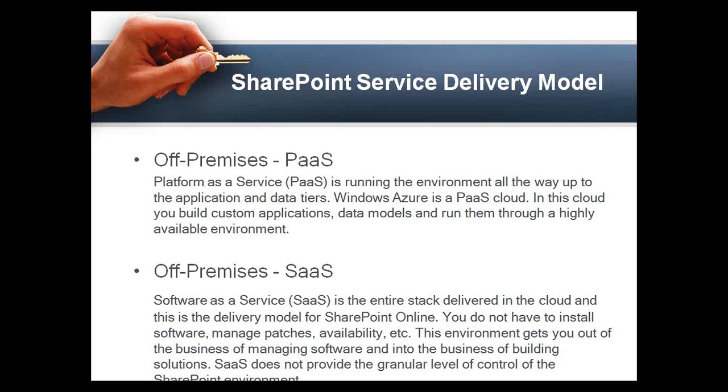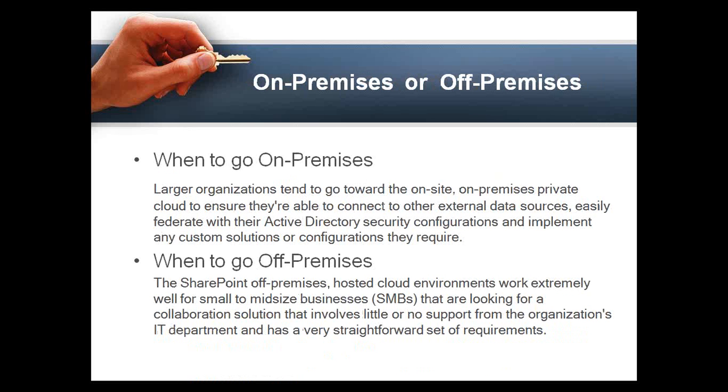Now the question is when to go on premises and when to go off premises. Larger organizations tend to go toward the on-site or on-premises private cloud to ensure they are able to connect to other external data sources, easily federate with their Active Directory security configuration, and implement any custom solution or configuration they require.